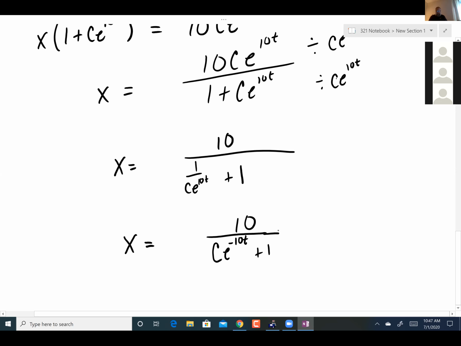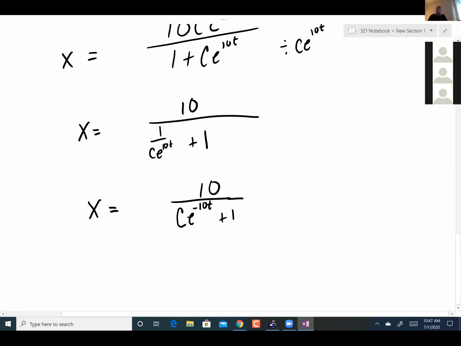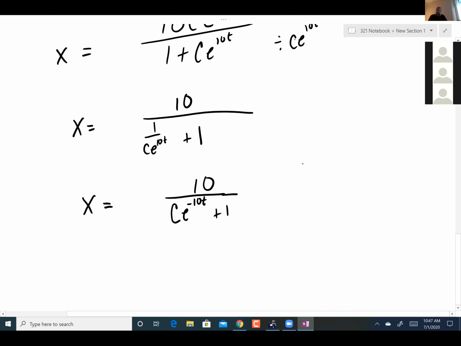Oh, that's awesome. And the reason they do that is this. What happens to the denominator as t goes to infinity? The denominator becomes 1, which means x approaches 10. And that's a big deal, okay?